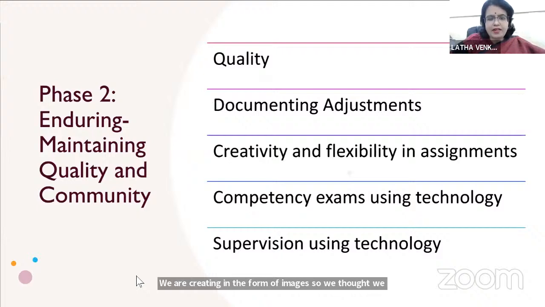And even if the pandemic is getting over, we thought we will use all these methods, so we can orient the students before they go to the clinical area through image based learning or through video based learning, so that it will promote curiosity in the minds of the students when they go to the clinical areas. What we have learned through images, through videos, through online classes, they will be able to appraise and compare in the physical settings.